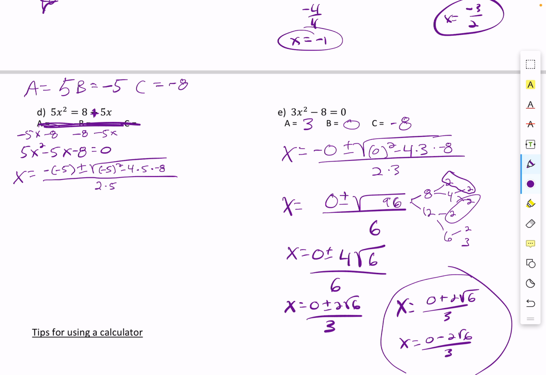Notice there's 2 negatives on that first piece. One is from the formula and one is because our B is negative. First thing is I'll change my denominator to 10.